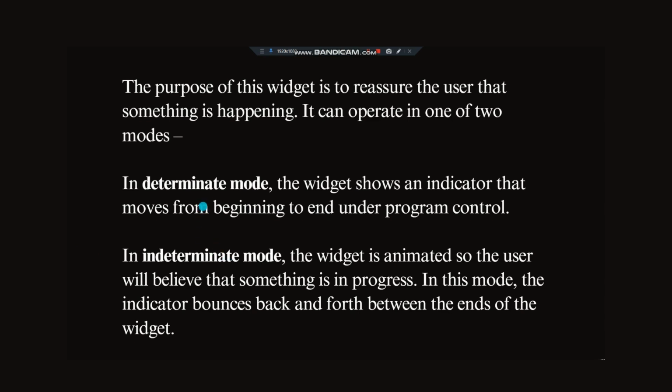In a very simple language, determinate mode is a mode where you can see progress from the starting to the end of the program control. Whereas in indeterminate mode, the program and application make the user believe that something is in progress, and in this mode our indicator, our green line, keeps bouncing back like this, not starting from here to here.